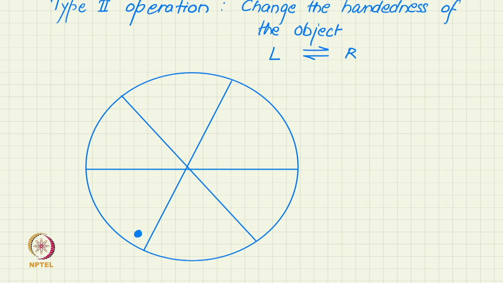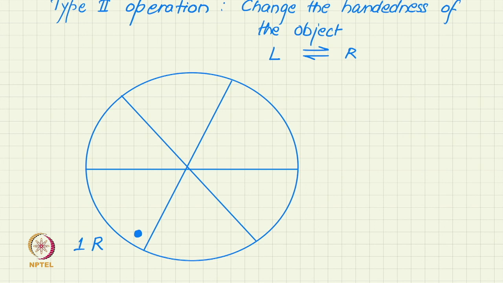Let me draw a right handed object in blue, and I am using a point or a closed circle to represent an object above the plane, above the equatorial plane. So, this is a right handed object and this is the first position, a starting position. So, let me call this 1R.